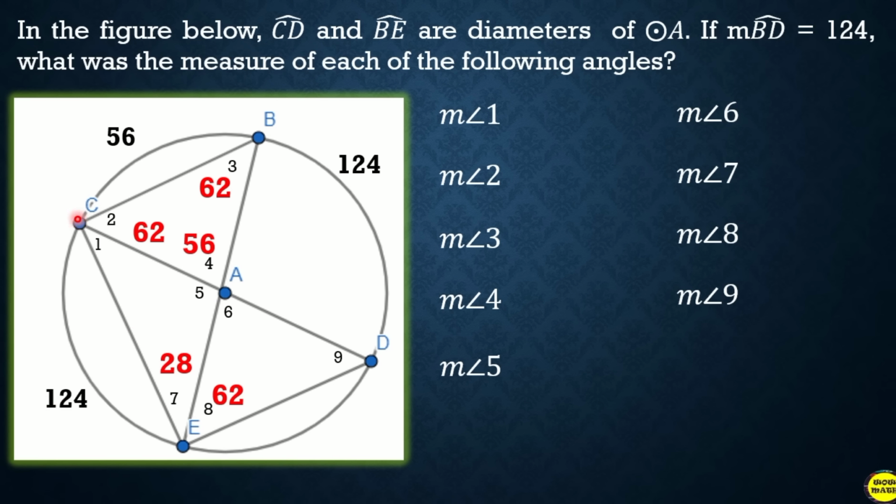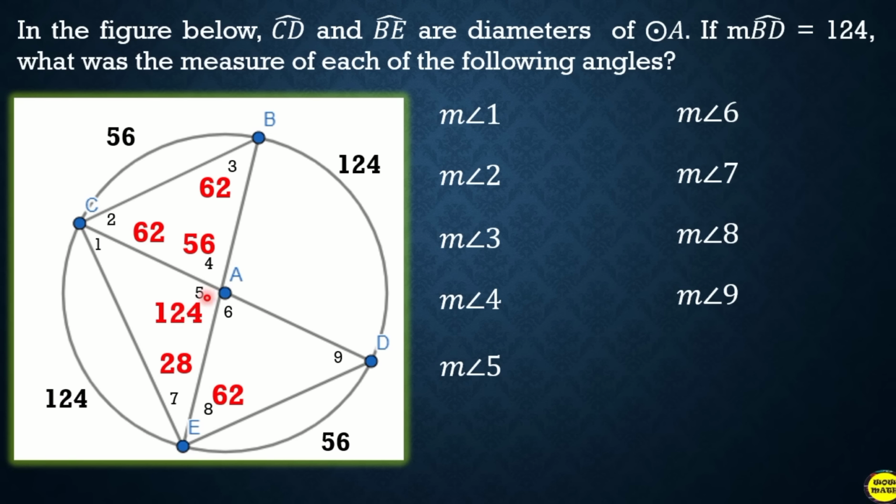Now, balikan ulit natin yung concept ng semicircle. So, therefore, kung 124 ito, yung sukat ni arc ED, that is also 56. Okay? So, bakit 124 si angle 5? Kasi central angle siya. Okay?